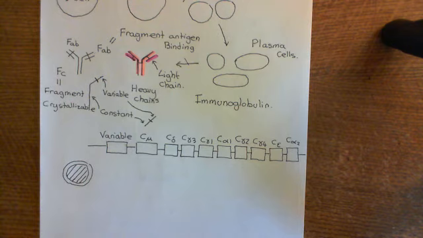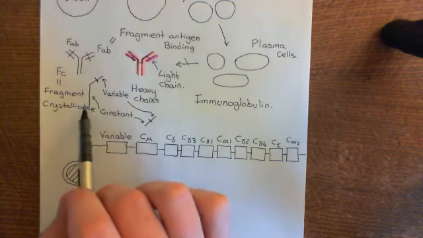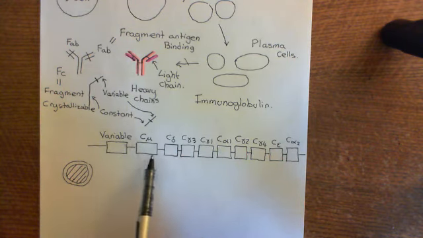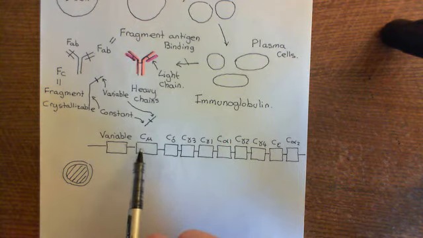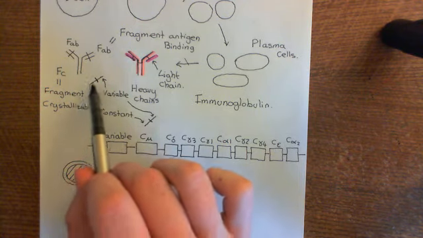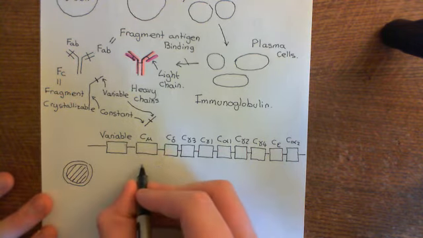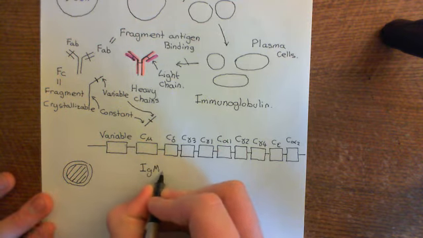It will be translated into a protein, and the immunoglobulin heavy chain that you'll produce will have the variable region, and then it will have this constant mu portion here. Now when you use the constant mu portion as the constant portion of your heavy chains like this, you end up with an antibody that is called an immunoglobulin M antibody.